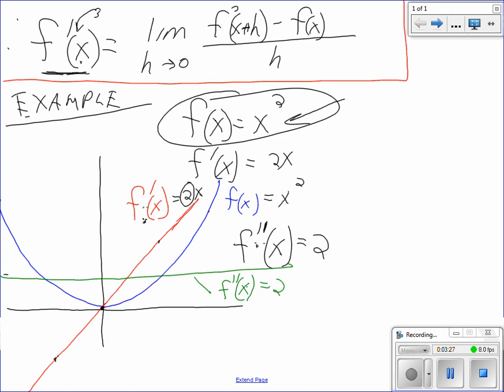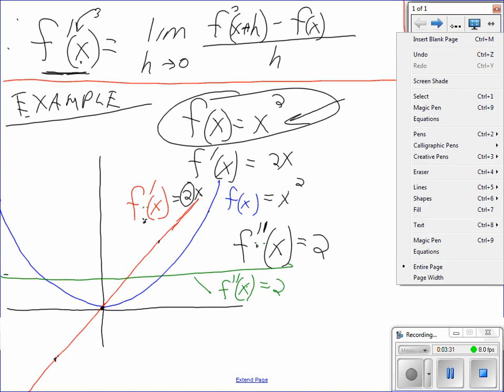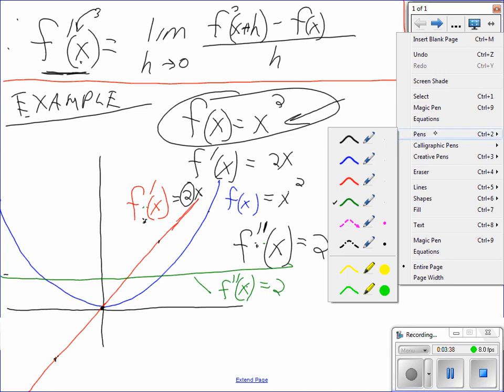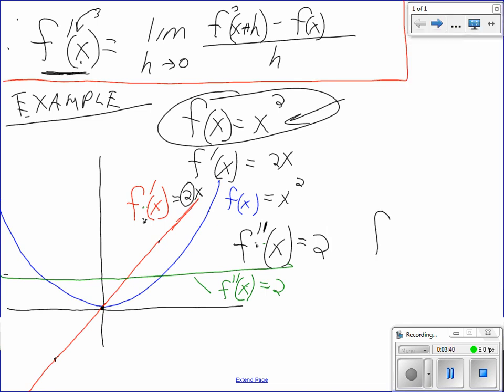What would you think the third derivative would be? Can you give me that without using a limiting process, just with a little logic? If I looked for the third, 1, 2, 3, let's draw it that way. That's going to be the instantaneous slope, since the derivative gives you the instantaneous slope.